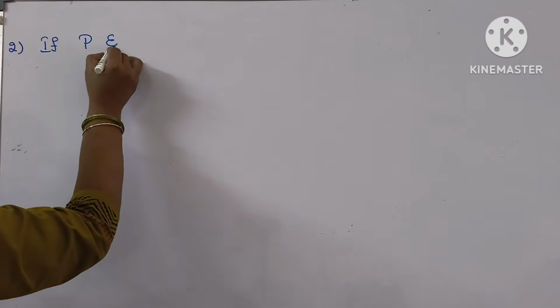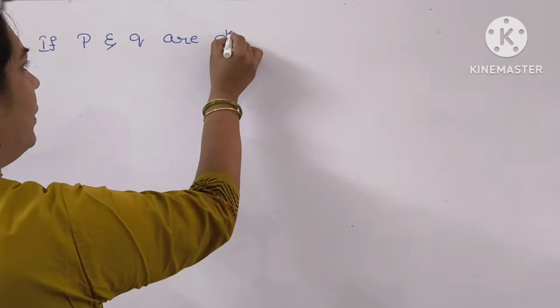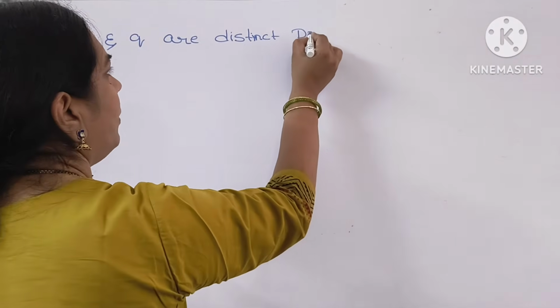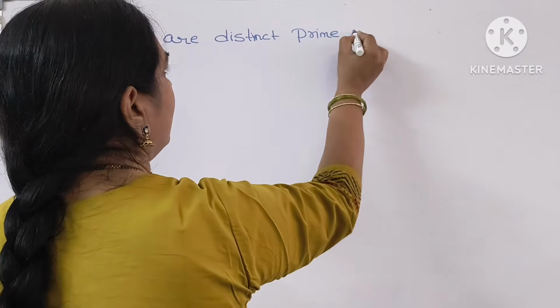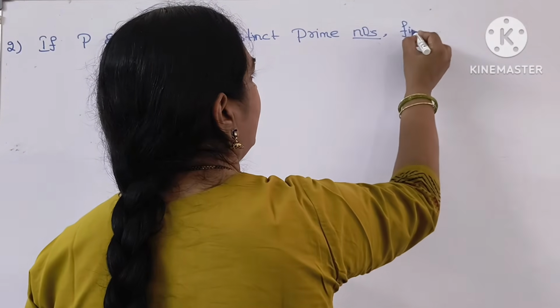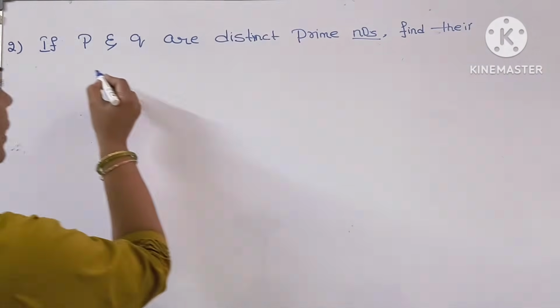If P and Q are distinct prime numbers, find their LCM and HCF.